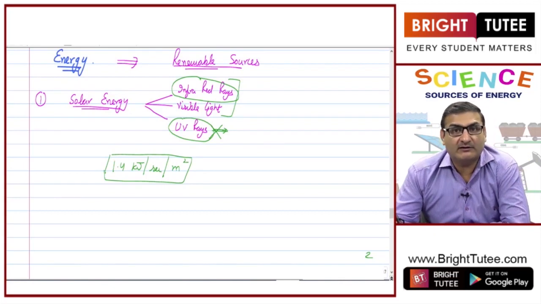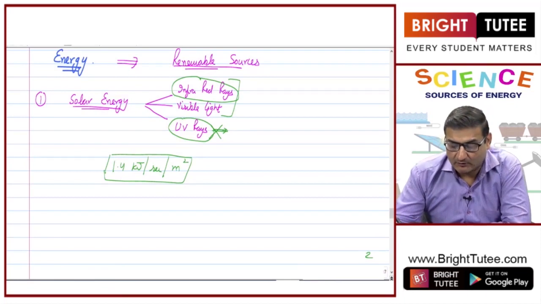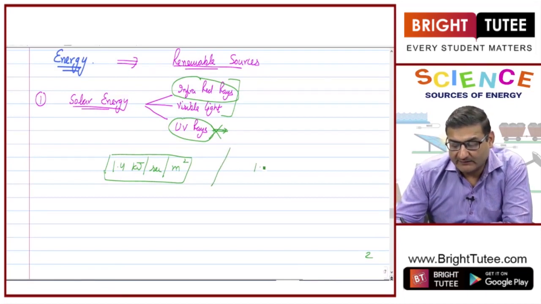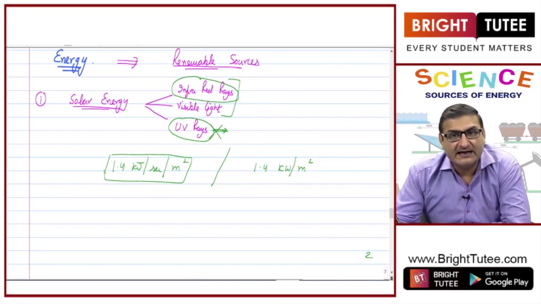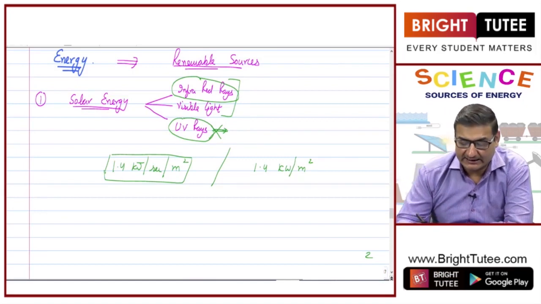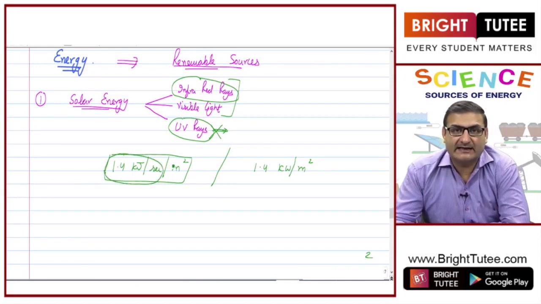I am talking about on an average basis throughout for the earth, right. This can also be written as 1.4 kilowatts per square meter. Every square meter area of this earth receives an average sunlight, that is the energy is 1.4 kilojoule per second.